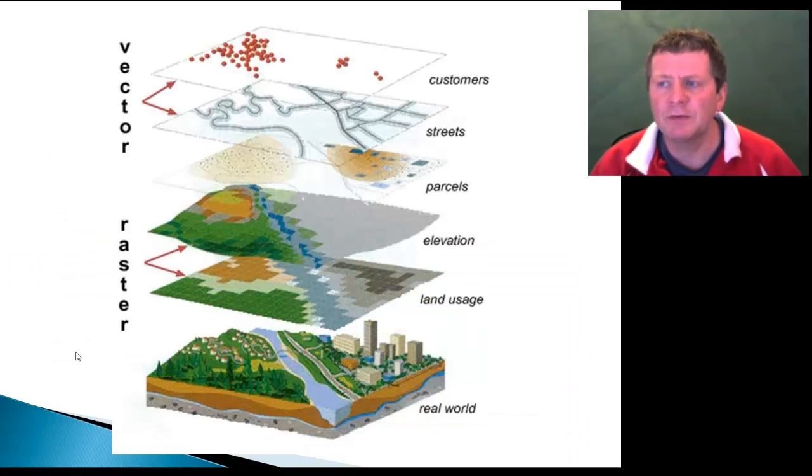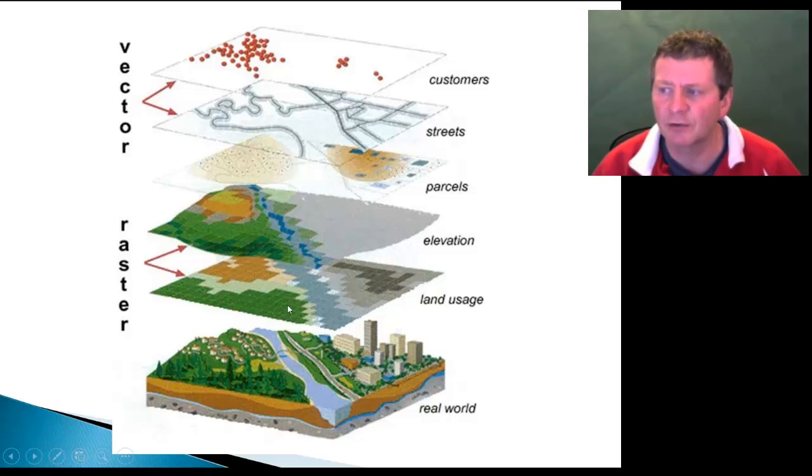And where they evolve are a view of the world. So we have the real world down here as to what's going on. And we're going to represent that world in a series of layers. And each one of those layers are identifying different information. For example, you can see here that this is a flat layer where the colors of each individual pixel relate to how the land is being used.